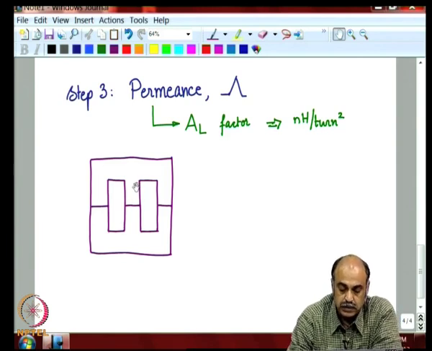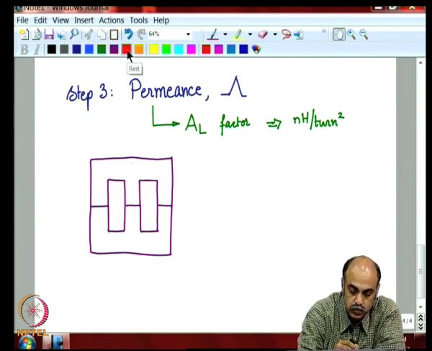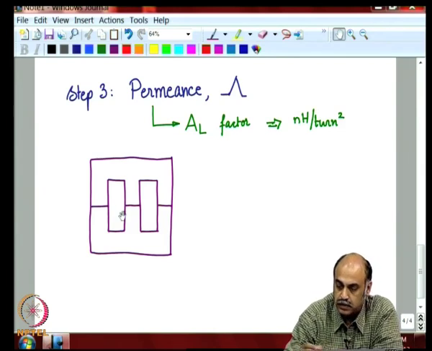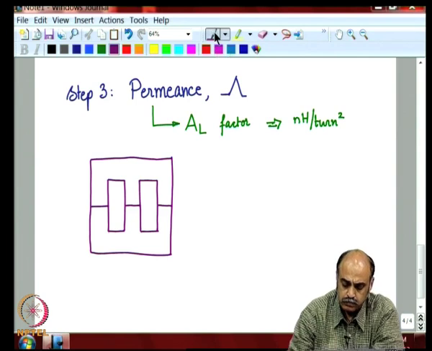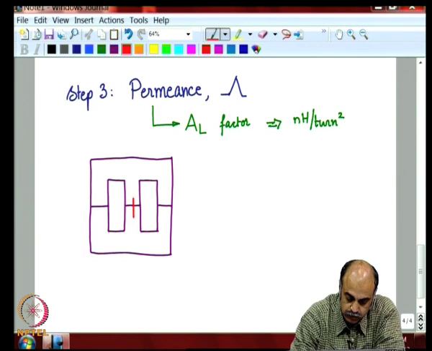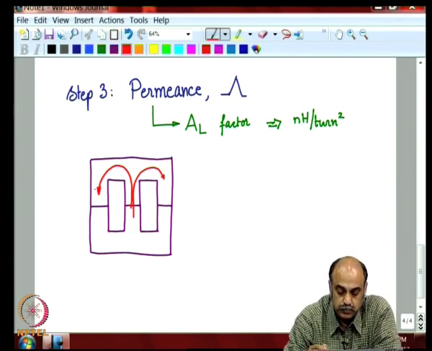will have a cross section which is twice the cross section of the outer limbs, and the two outer limbs together will have an equivalent cross section which is the same as that of the central limb. So, when the flux flows, it divides and flows through the two limbs.